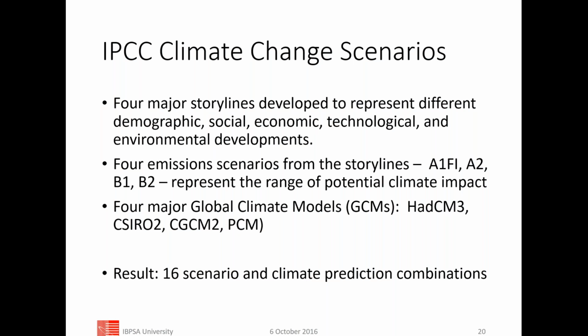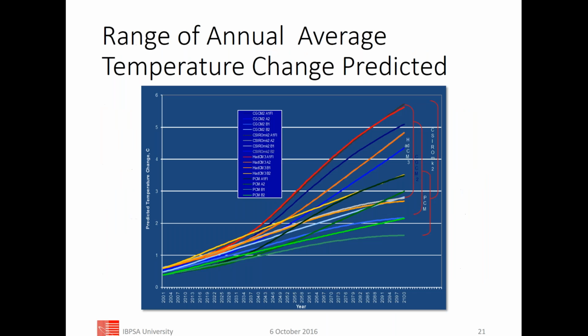So you've got 16 combinations, for the 4 families. You'll see the Hadley CM3 is one of the highest in the range. In this case, it's showing from 2 degrees up to almost 6 degree change for the various scenarios. Some of the others are a bit lower in range, but the Hadley seems to cover some of that.